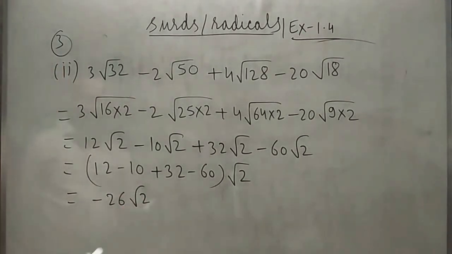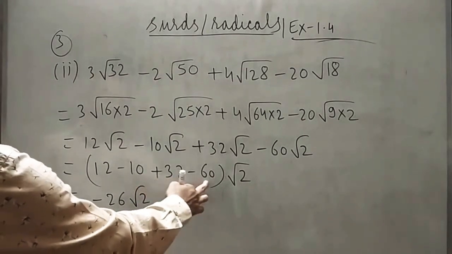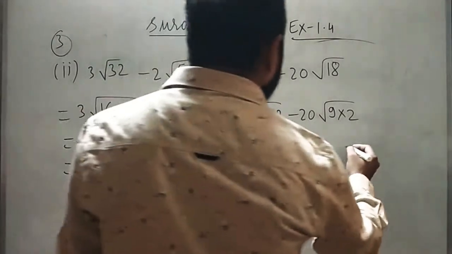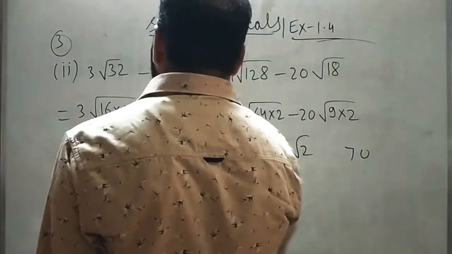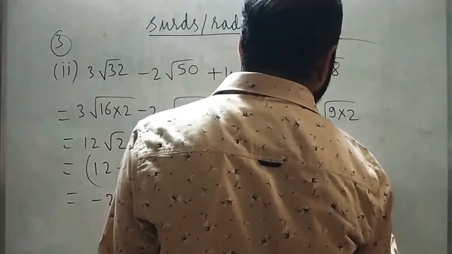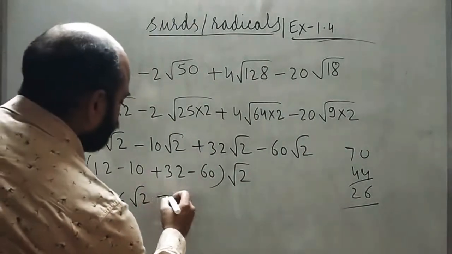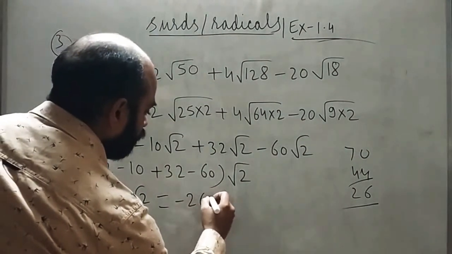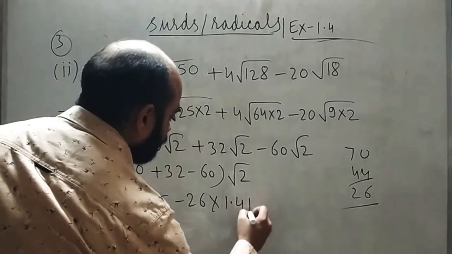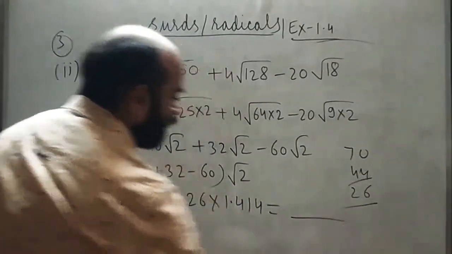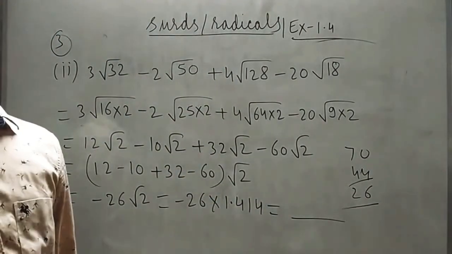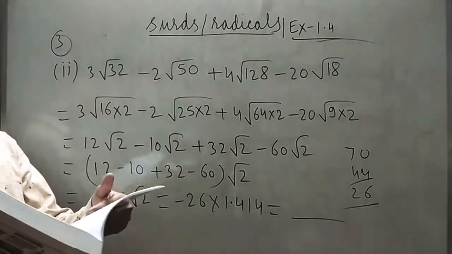Correct? You can check. So minus 26 root 2 means minus 26, and the value of root 2 is given as 1.414. So you have to multiply, and that will give the answer. Clear? That is question number 3.